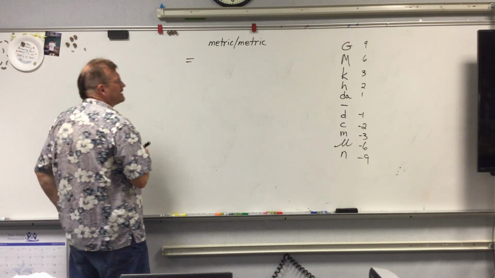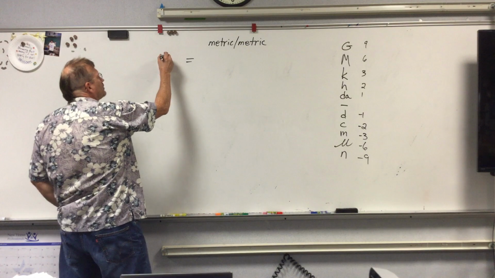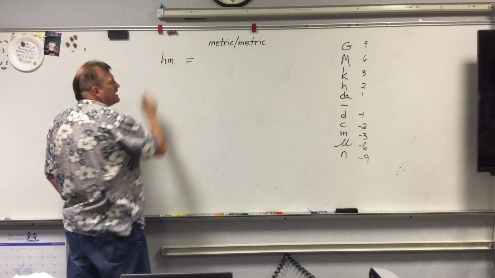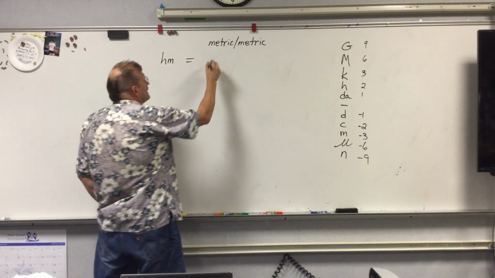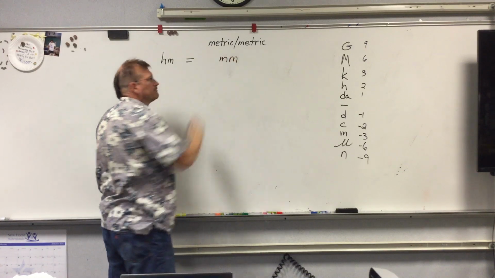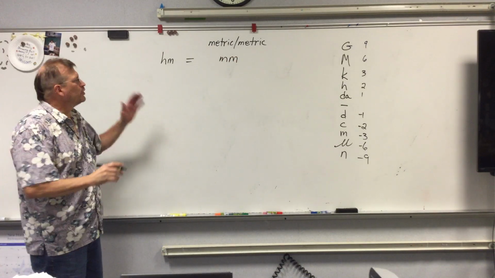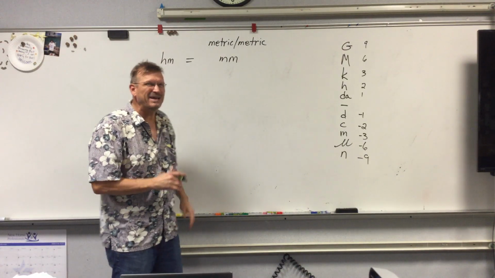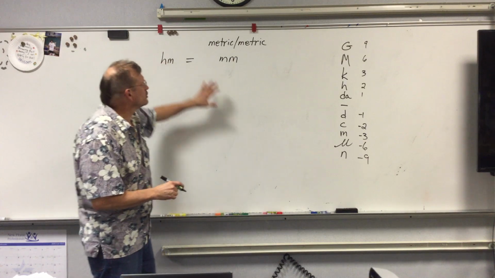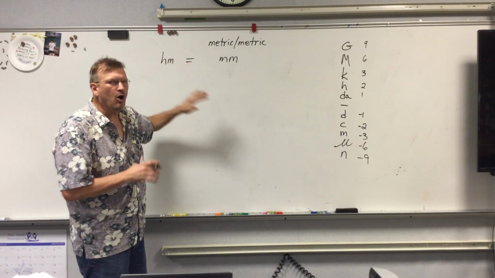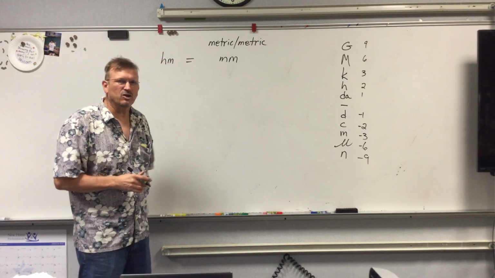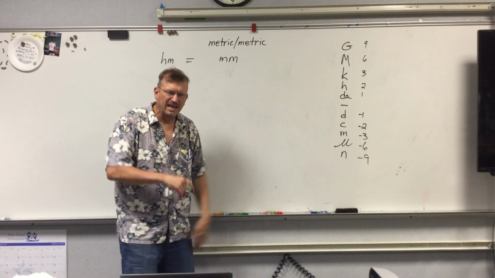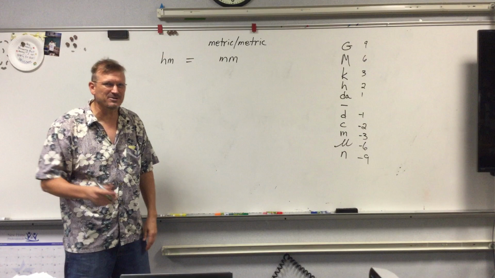So if someone ever said, I need to know the relationship between a hectometer and a millimeter, the beauty of the metric system, and we've mentioned this before, is that it is based on the number 10. So all metric to metric conversion factors have a 1 on one side and a power of 10 on the other side.